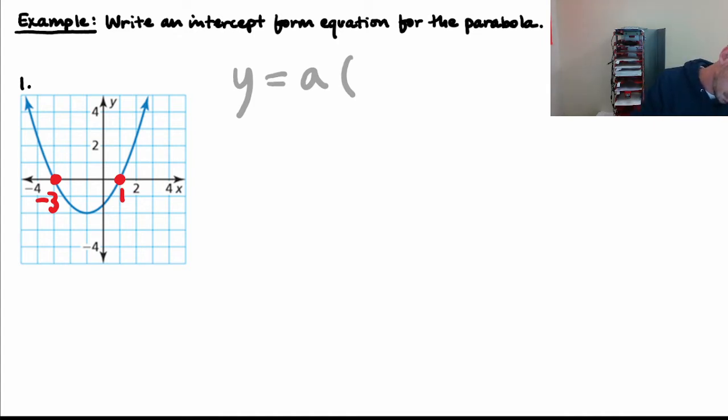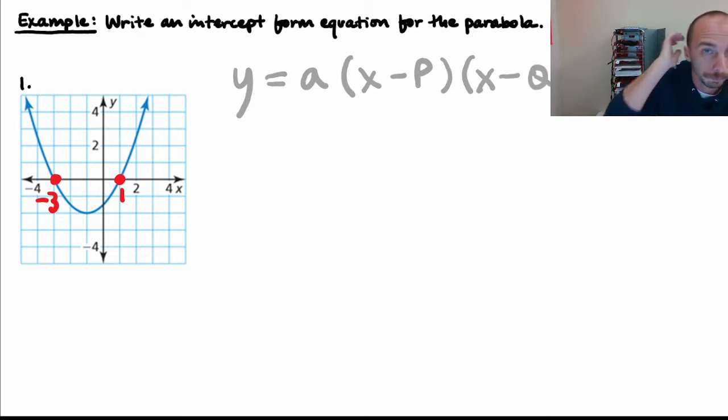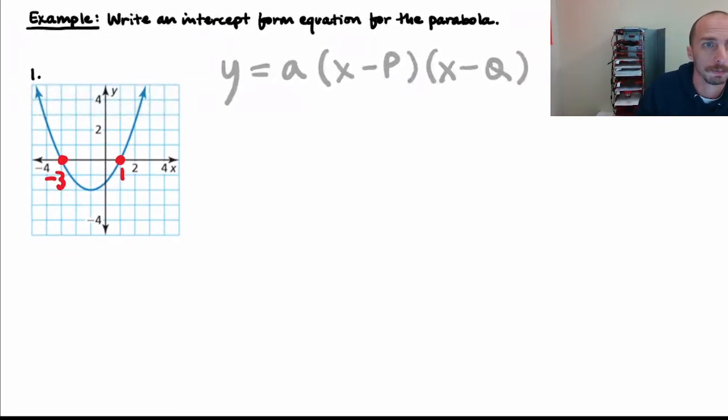But I've got a times x minus p times x minus q. I've determined that p and q are -3 and +1.